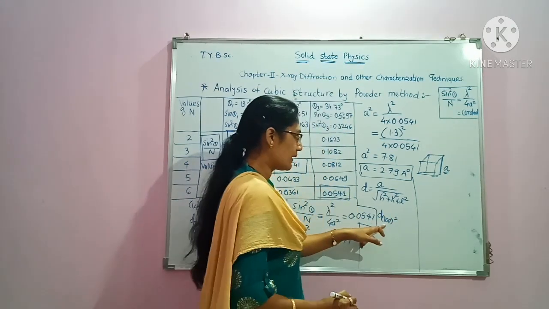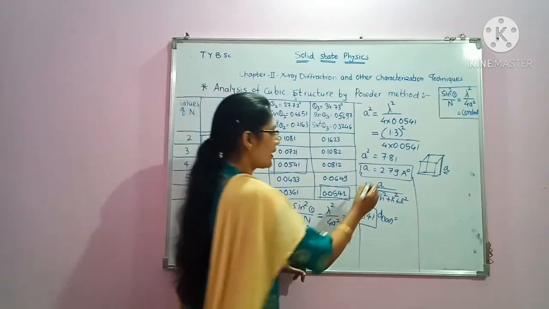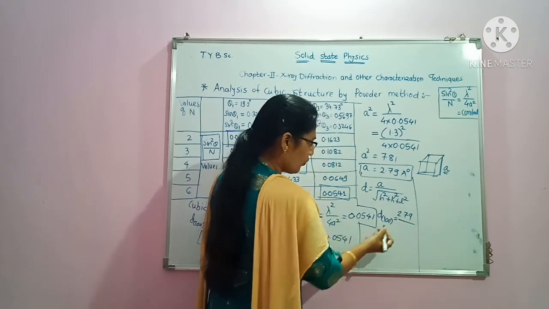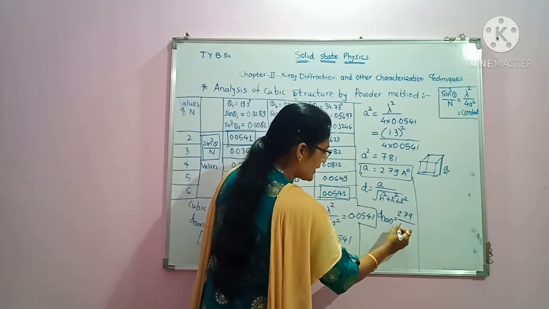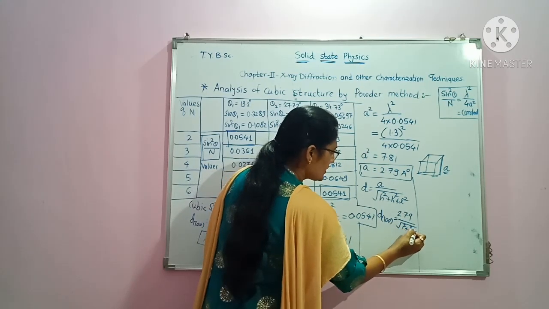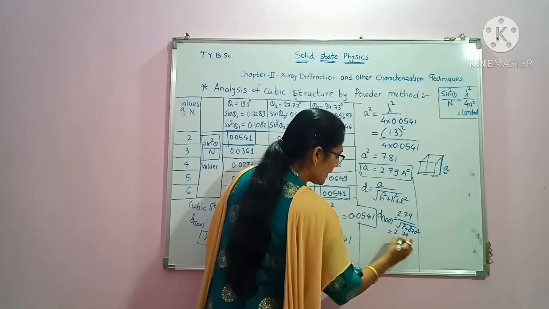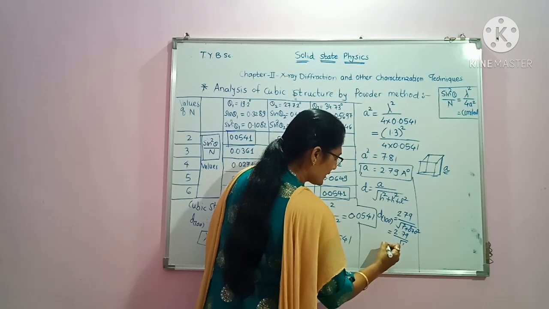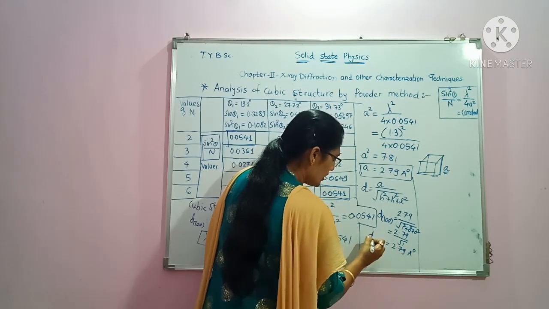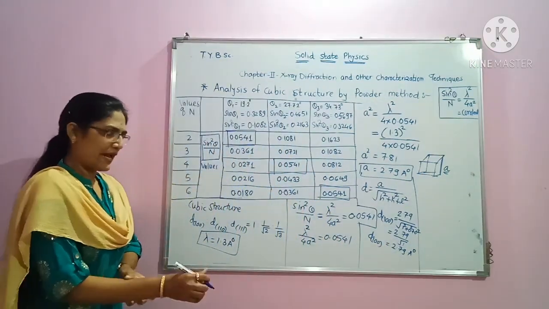We substitute the value of A that we have calculated, 2.79, divided by square root of 1 square plus 0 square plus 0 square. So it comes out as 2.79 upon square root of 1, that is 2.79 angstrom. So D100 we have obtained as 2.79 angstrom.